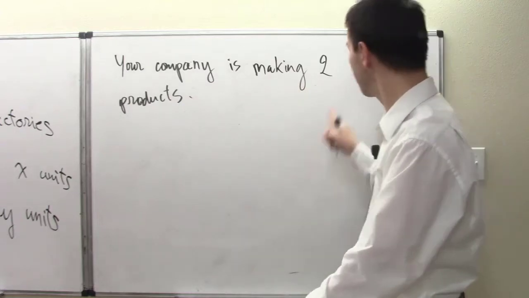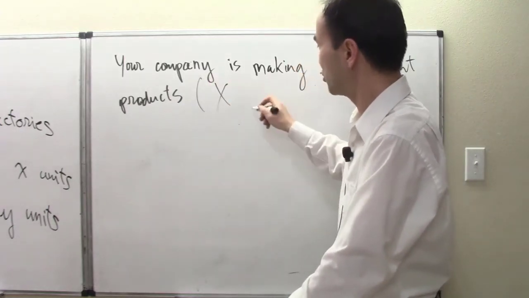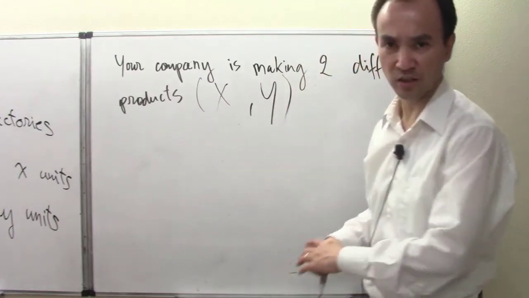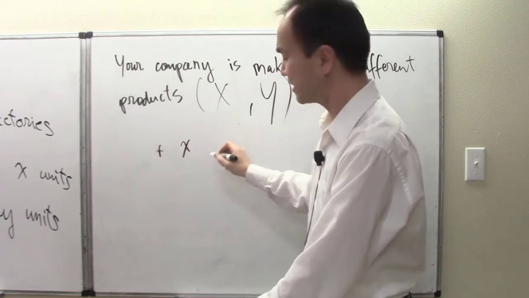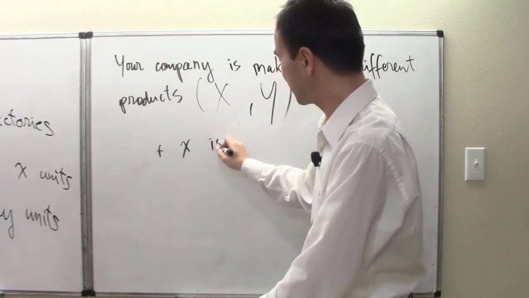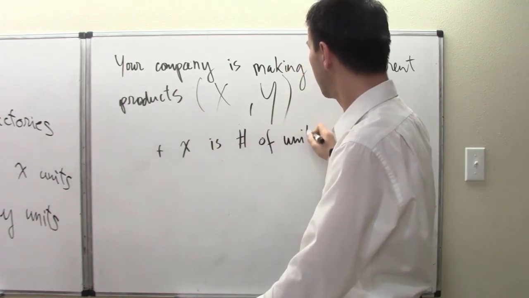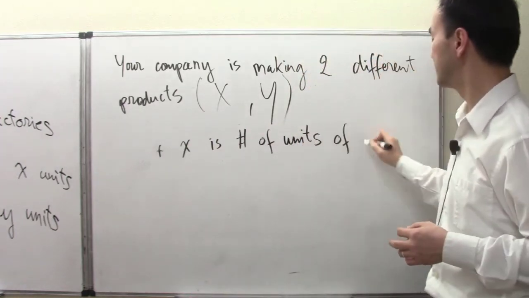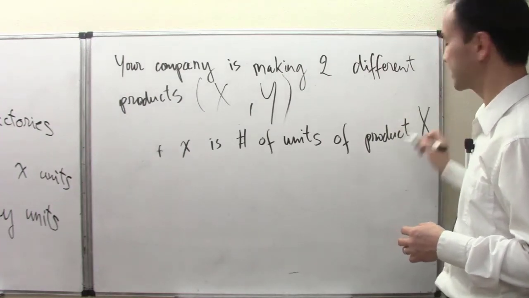Your company is making 2 different products right there, where capital X is one of them and capital Y is the other. So now I'm going to say the lowercase x is the number of units of product X right there.